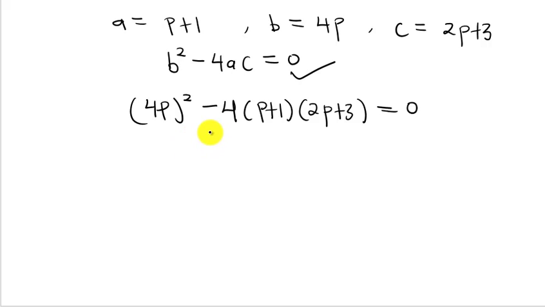So we try expanding the brackets, then we solve for the unknown variable, and that is p.